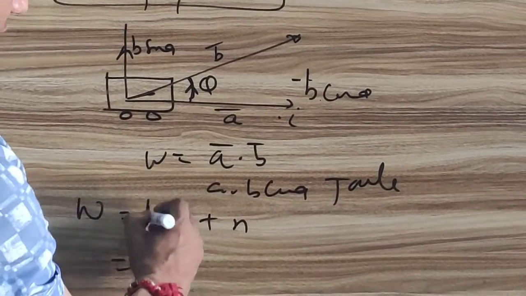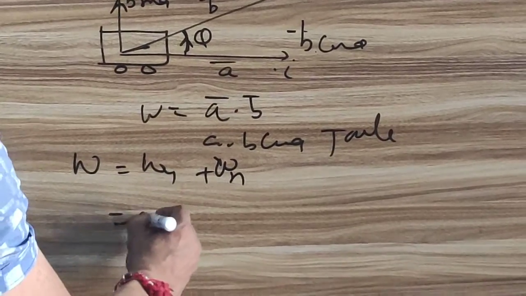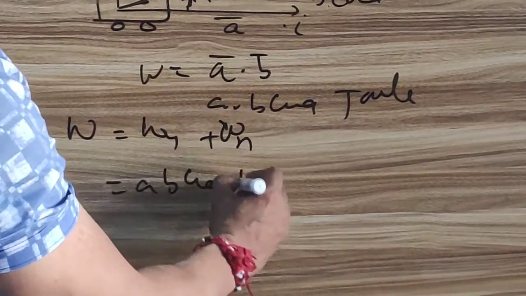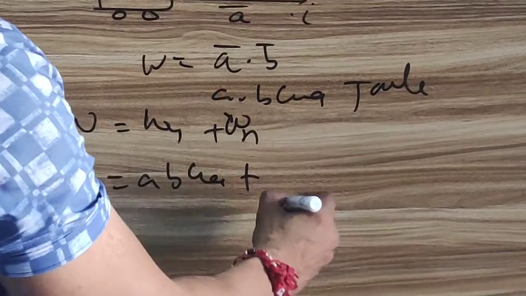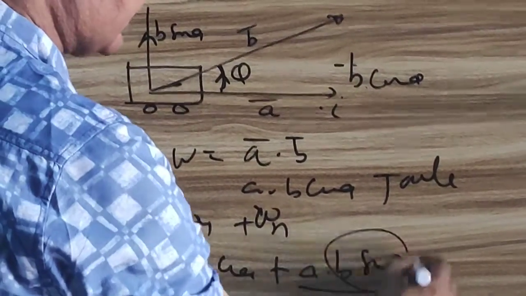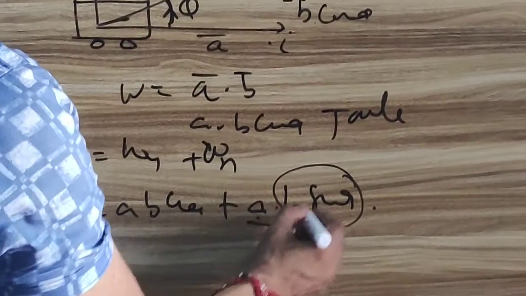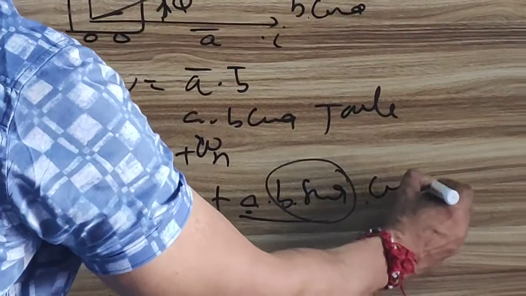One is AB cos theta, and the other is A dot B sin theta, with the angle between them being 90 degrees, and cos 90 degrees.